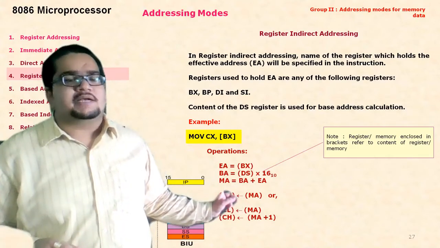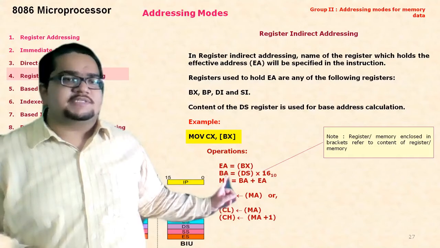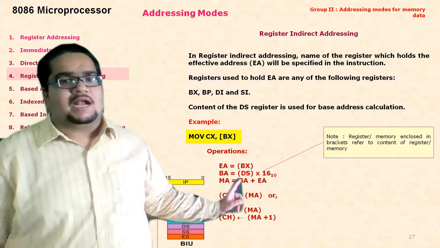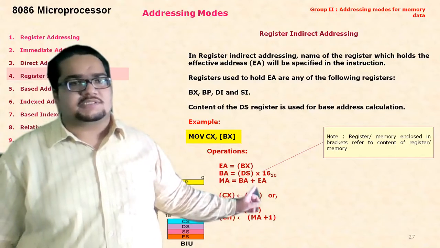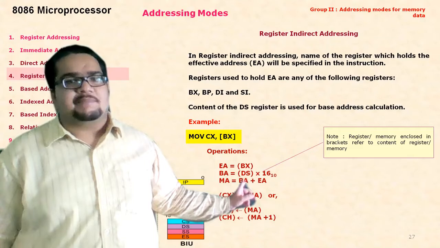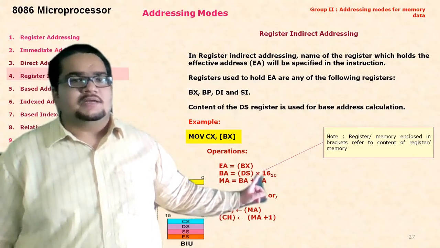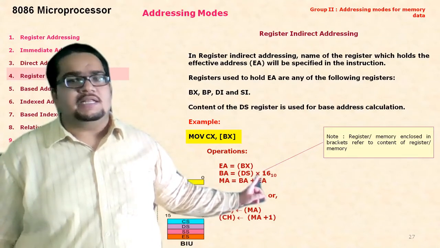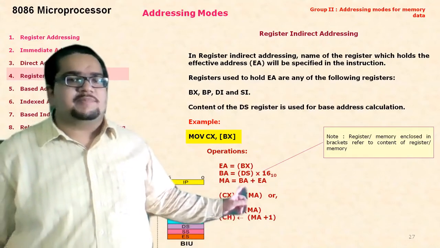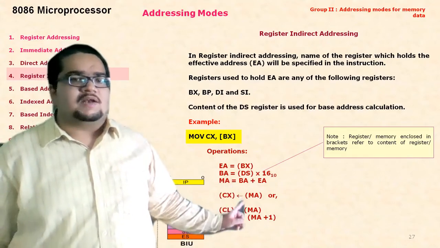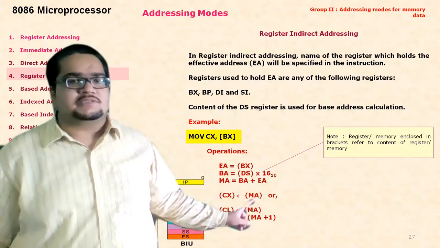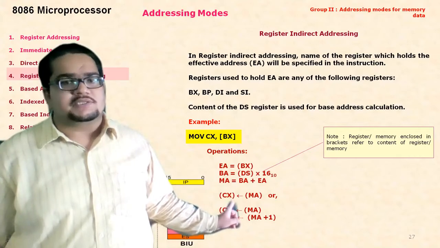And the memory address, which we generally call the physical address of the data, will be calculated by adding this base with this effective address. So the base comes from the segment multiplied by 10 hexadecimal or 16 decimal. From there the physical memory address will be accessed, and whatever data is at that physical memory address will be moved into the CX register.